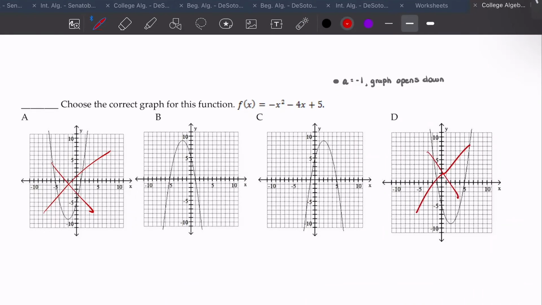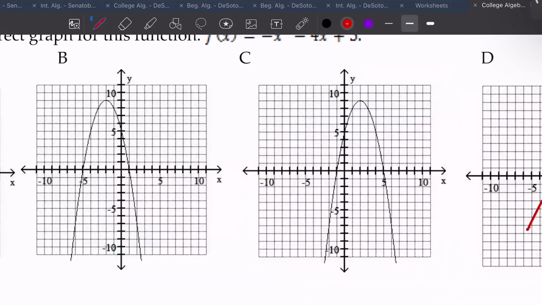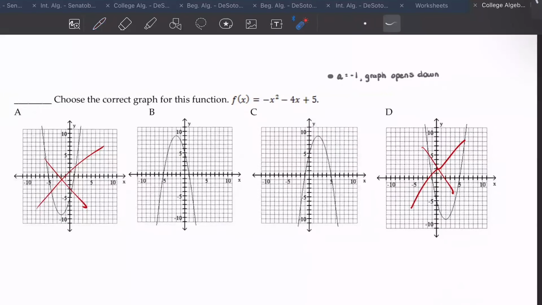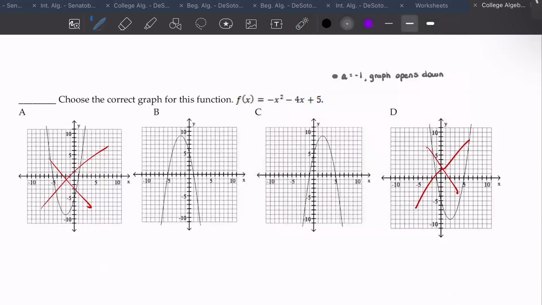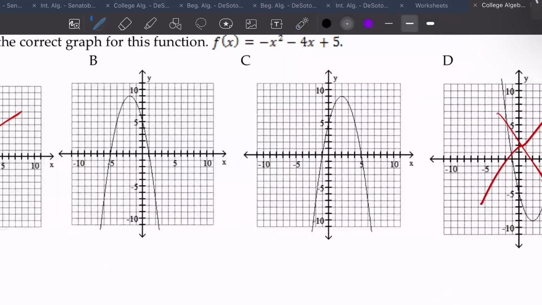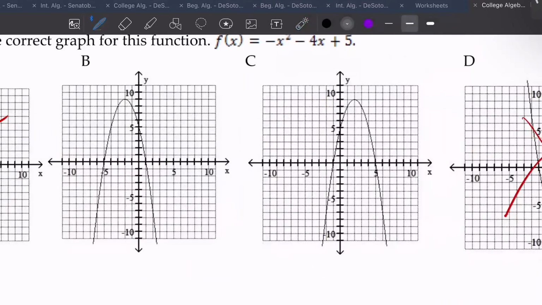Okay, so we're stuck between these 2. You can look at these 2 and say, okay, they have different vertices. Okay, this one's over here, this one's over here. So if I find the vertex, then I should be able to pick the right one. Okay, so let's find the vertex.